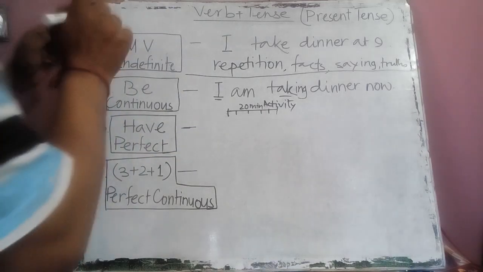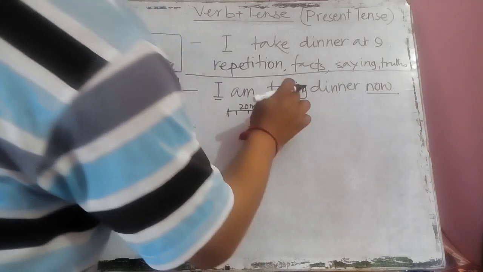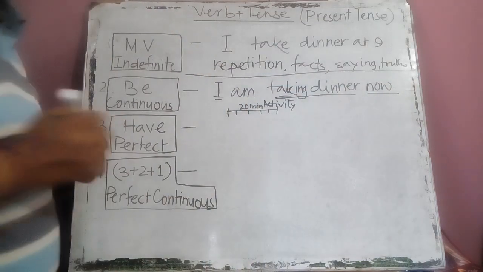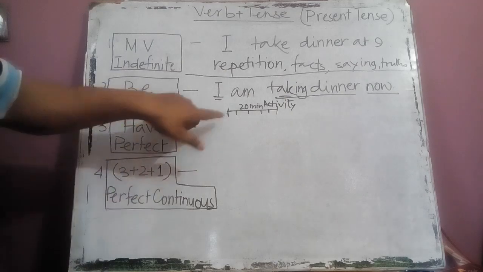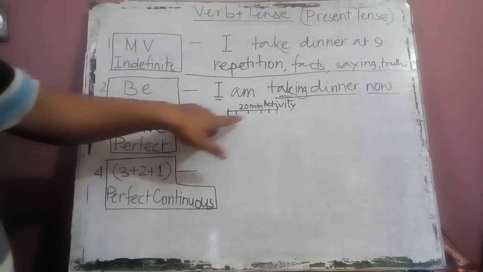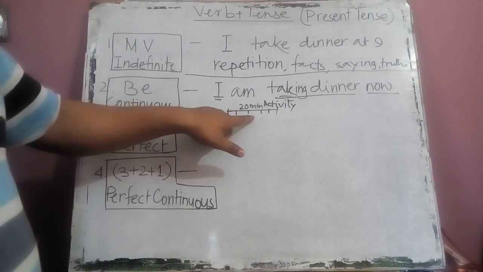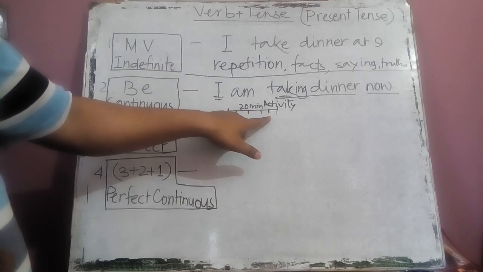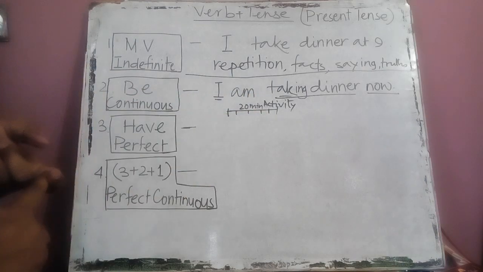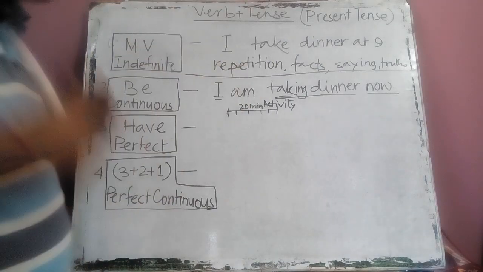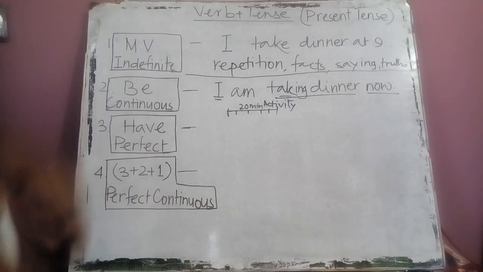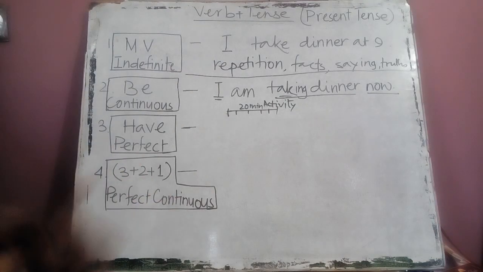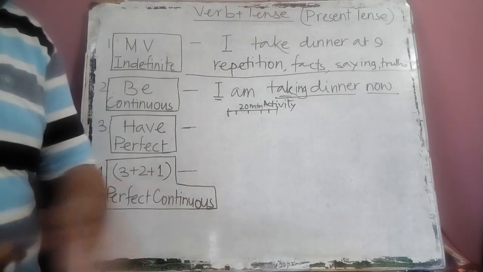Right now we're talking about an action that is getting done, that is taking dinner. We're not concerned whether you are at the initial point, middle point, or end point. We're concerned about what activity is taking place right now. Say, for example, your friend makes a call and wants to know what you are doing now.